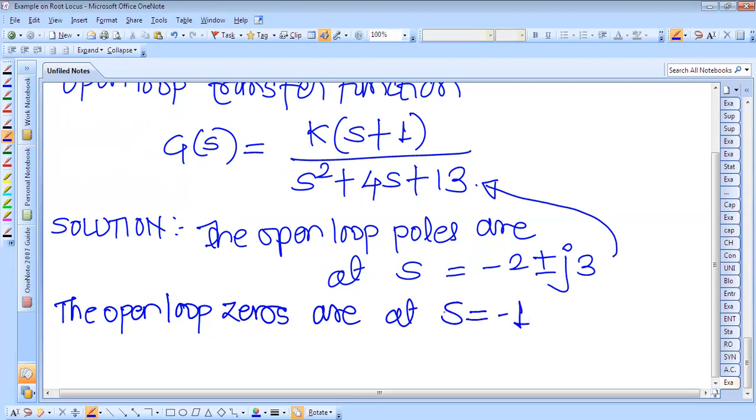So therefore n is equal to 2 and m is equal to 1. So n is the number of open loop poles, these are 2, and the number of open loop zeros is 1. Okay.